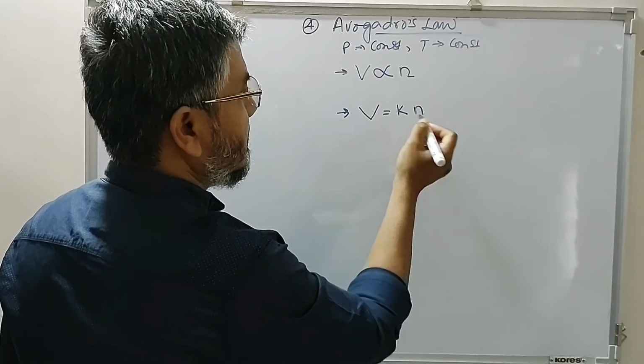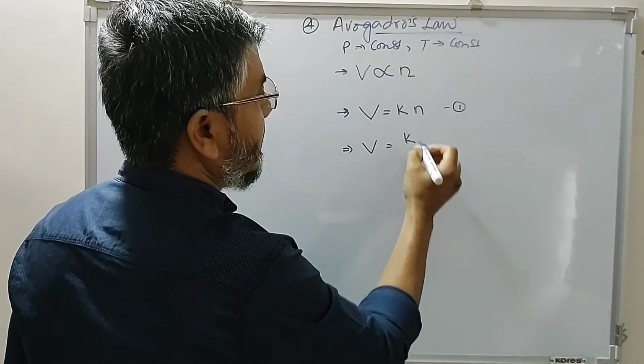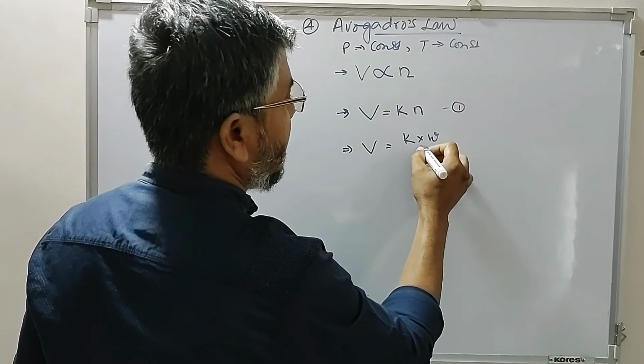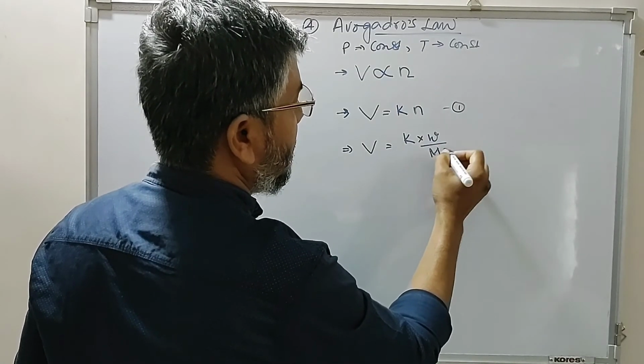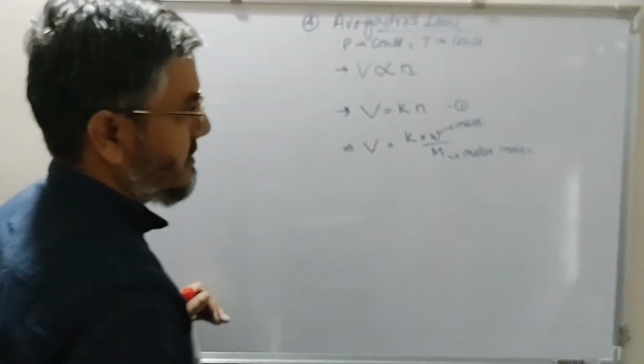So therefore look at this. Let us see equation 1. Now this can be written as volume is equal to some constant K. Number of moles is mass of the gas divided by molar mass. This is mass, this is molar mass.